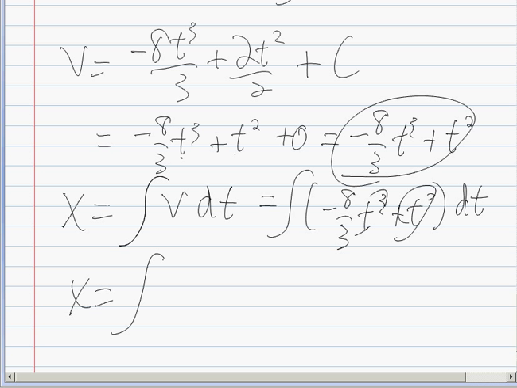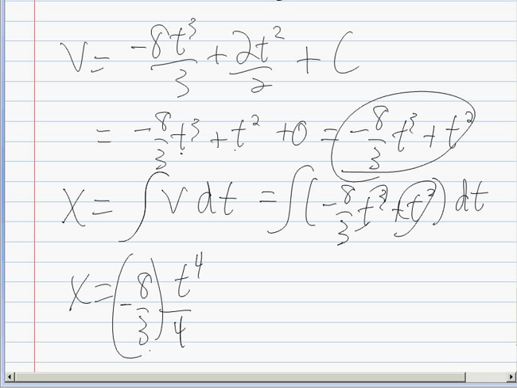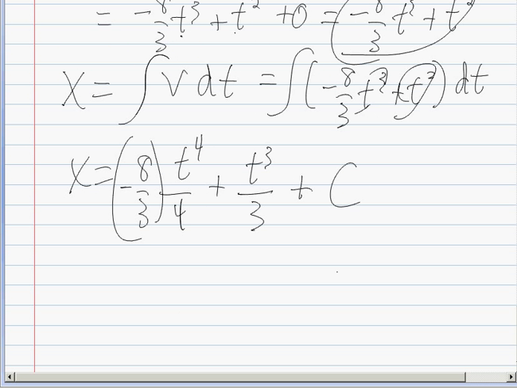It's going to be t to the 4th over 4 times negative 8/3 plus t cubed over 3 plus c, which is going to be x0. Well, these kind of go away nicely. So now I've got negative 2/3 t to the 4th plus t cubed over 3 plus whatever the initial position is, which they gave us back here as 4. So we can just say it's plus 4.